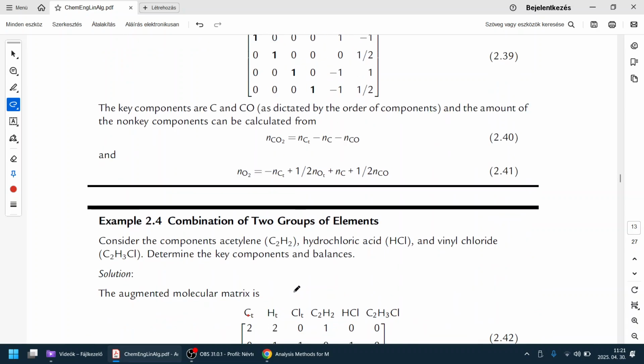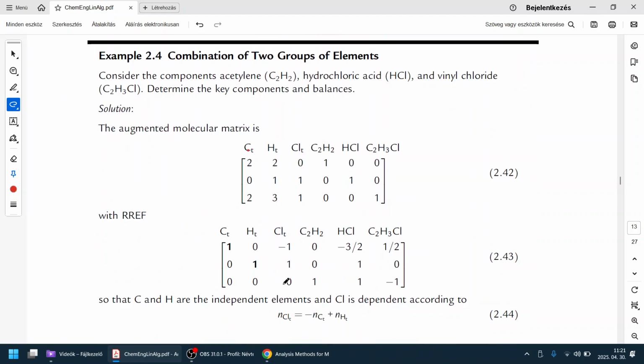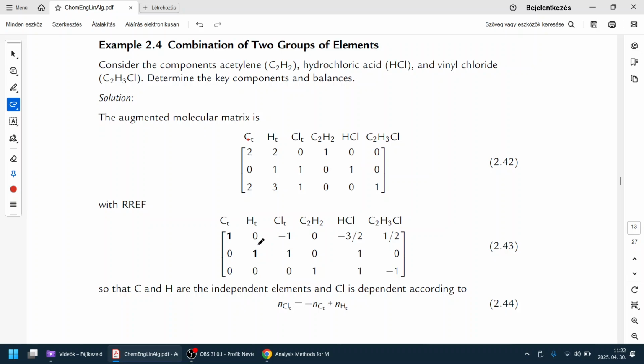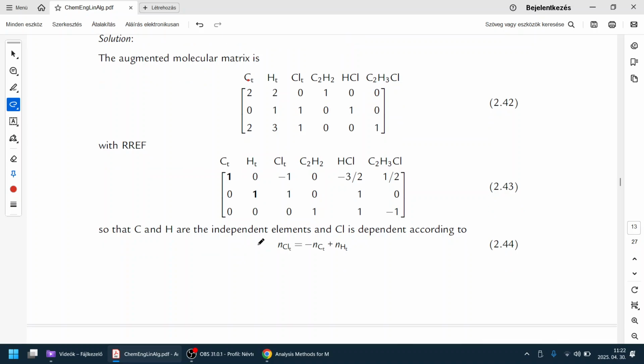But at least here, because we don't have anything here, the amount of this chlorine is the amount of carbon and hydrogen. But this is something that you know, I think, from somewhere else.